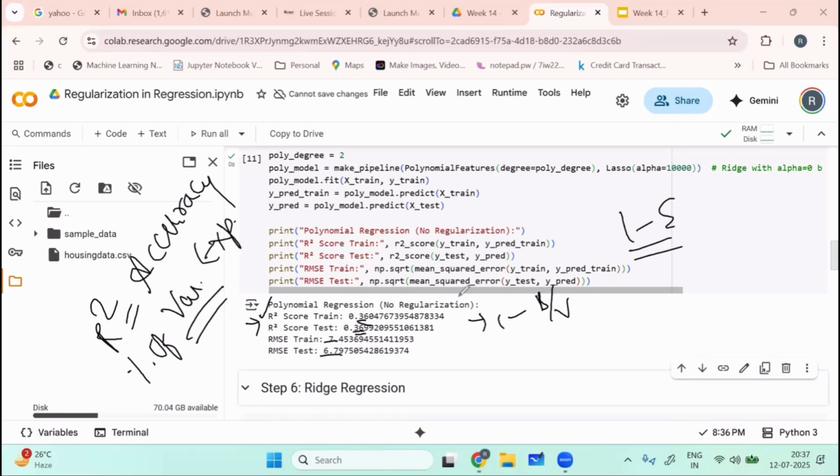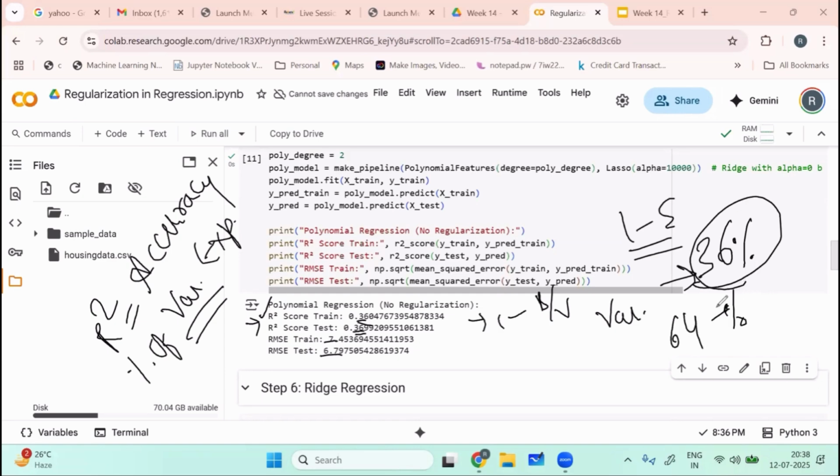Whatever variables are there in my data, they are explaining 36% of the variation happening in my data or model. They are not able to capture, let's say, 64, 65% of the variation, which means the variables are not sufficient. Seems like that. Actually the ideal case is what we have attached less, so that's why it's happening.